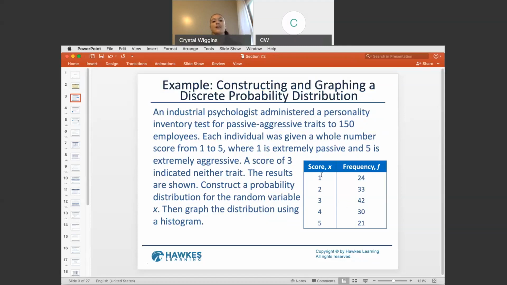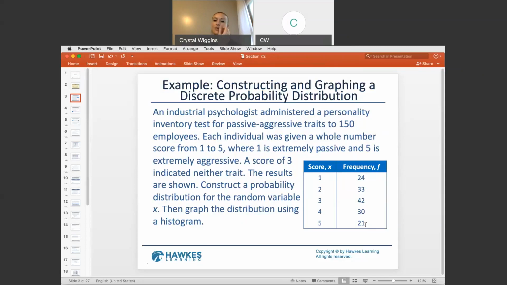So we have the count of employees that scored a 1, being extremely passive, to be 24. We have 42 employees out of the 150 tested that identified as neutral, and we have 21 employees that were classified as extremely aggressive.